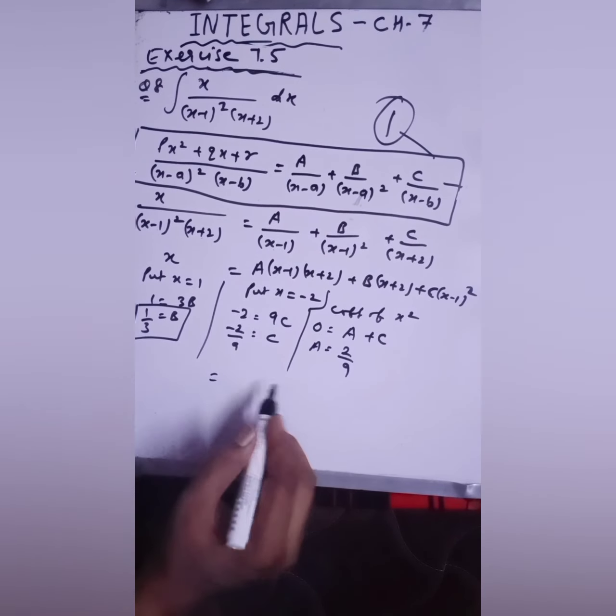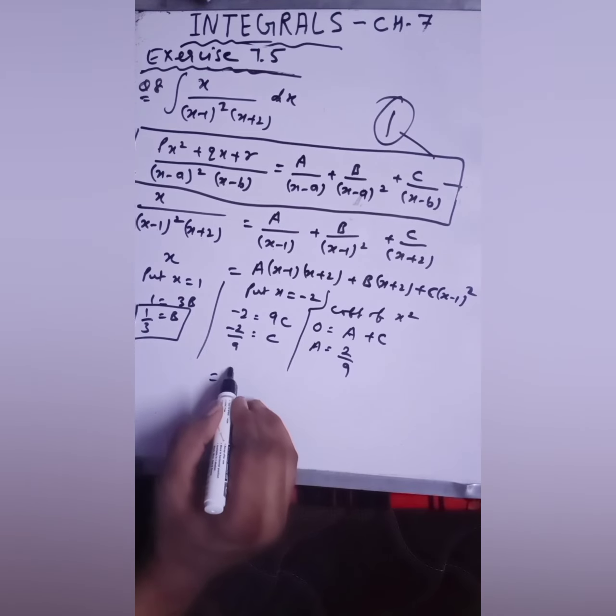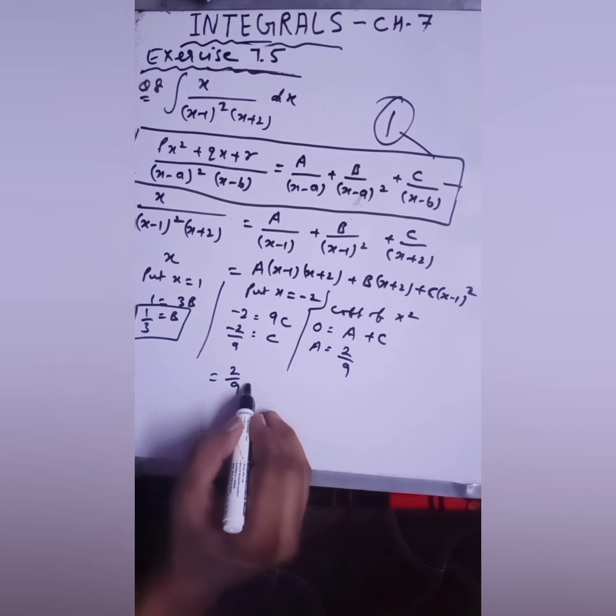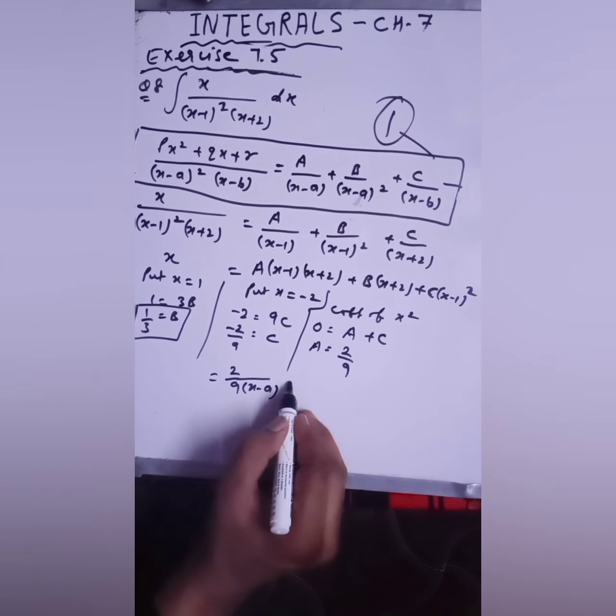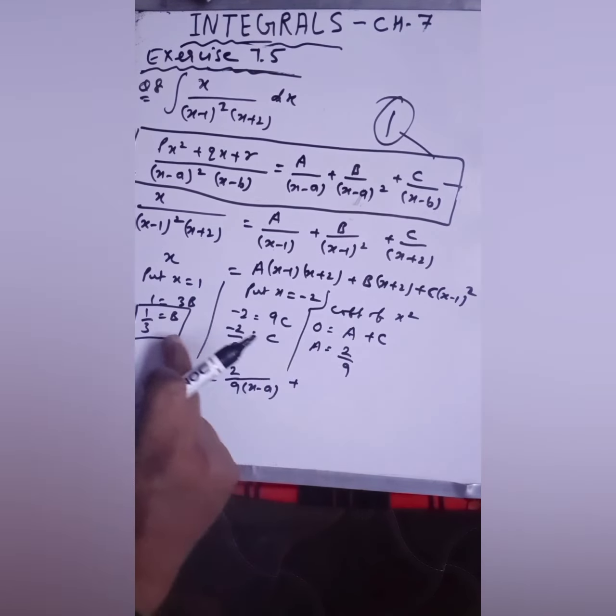So when you put, that would be 2 by 9 over x minus 1, plus your b is 1 by 3.